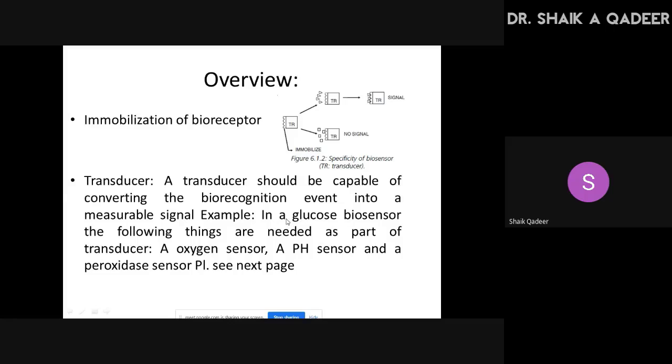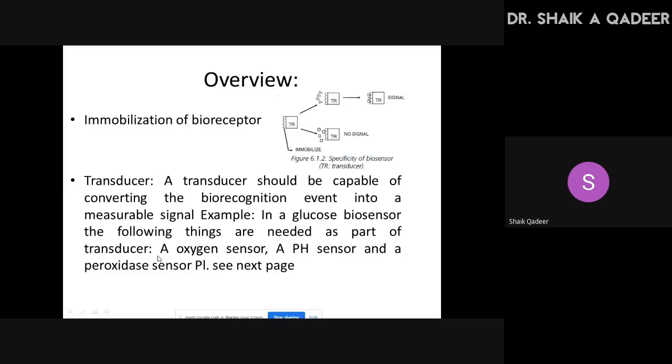In case of a glucose biosensor, the following things are needed as part of the transducer. This is shown in the next slide. In case of a glucose meter, the transducer's job is to measure the content of oxygen.